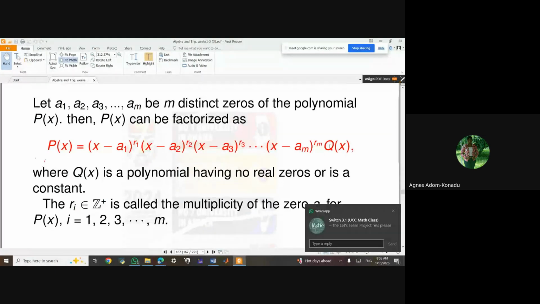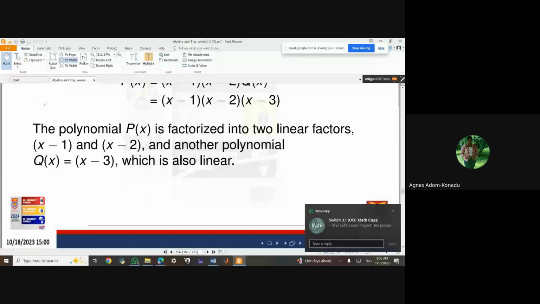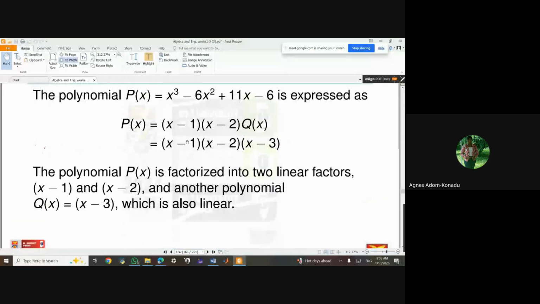Okay, so example is this. When we take this one, this can be written as x minus 1 to the power 1, x minus 2 to the power 1, x minus 3 to the power 1. So here the multiplicity of the factor x minus 1 is 1. Multiplicity of the factor x minus 2 is 1.